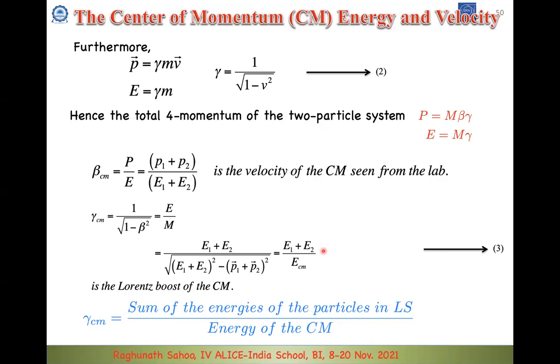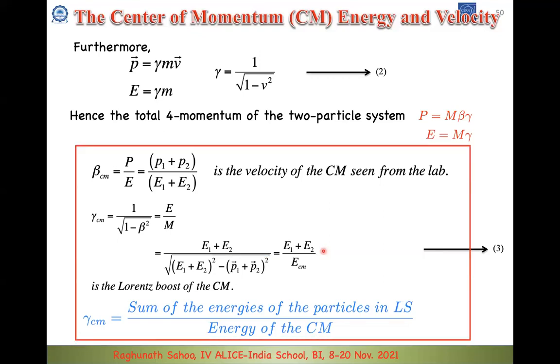So that is the reason your gamma center of mass is equal to the total energy available in the laboratory system divided by the energy of the center of mass. So this gives me at what boost factor or Lorentz factor my center of mass is moving. Okay. So I hope everybody is content, and these are the equations which are actually essential while dealing with different kinds of particle kinematics.